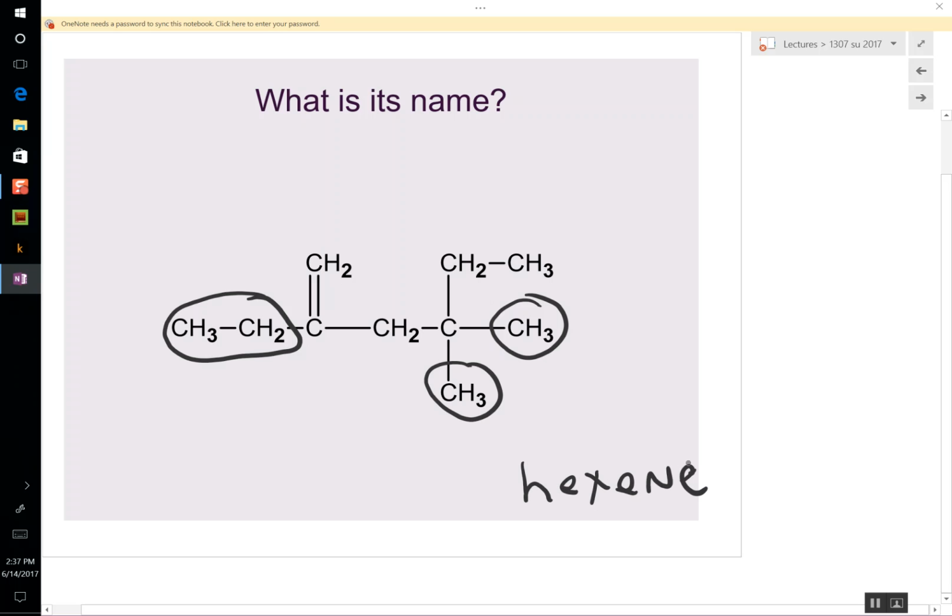And where does the double bond begin? On the very first carbon. This is carbon number 1, 2, 3, 4, 5, 6. So what is that on carbon number 2?